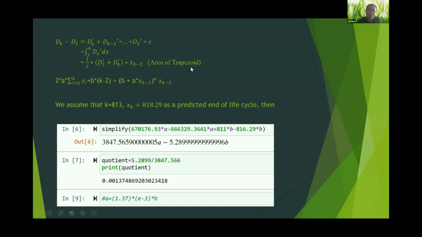Then finally, by using the code in Python, we got the relationship between A and B. We ignore the very minuscule part. We only leave the 1.37. And we finally find there is an interesting multiple relationship between A and B, regardless of the very small particle at the granularity level.